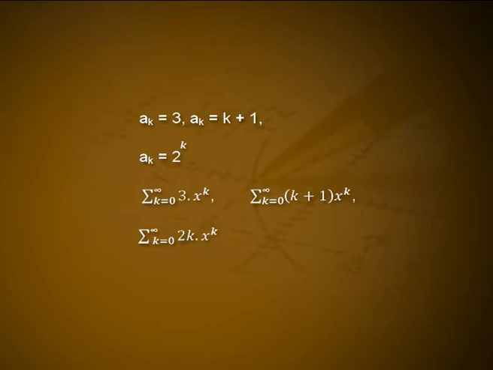Example: the generating functions for the sequences ak with ak = 3, ak = k + 1, and ak = 2^k are summation k = 0 to infinity 3x^k, summation k = 0 to infinity (k + 1)x^k, and summation k = 0 to infinity 2^k x^k respectively.